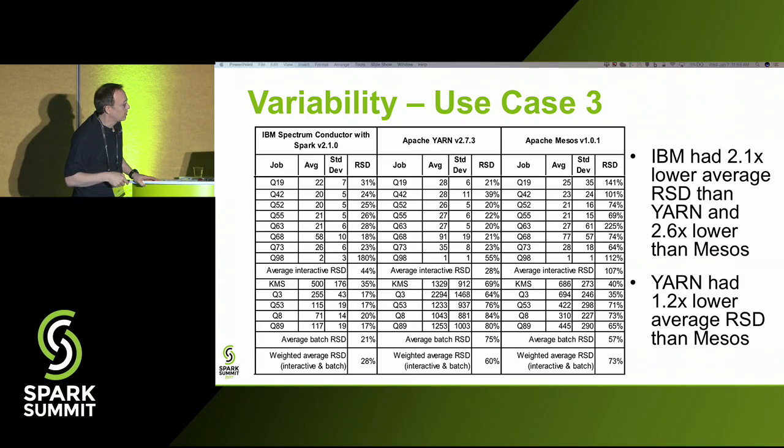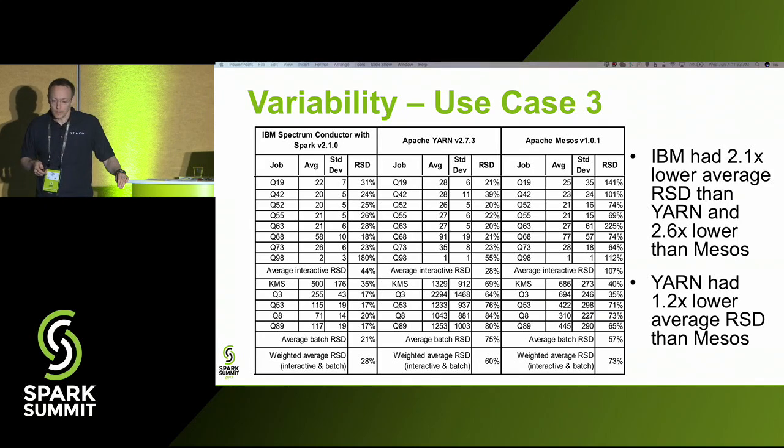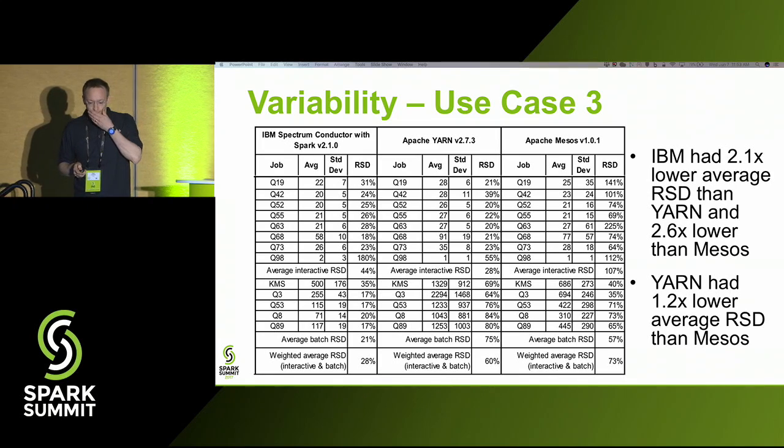Overall, the weighted average was 28% for Conductor, 60% for Yarn, and 73%, I think it says, for Mesos. So that's a 2.1 to 2.6x advantage for IBM again.